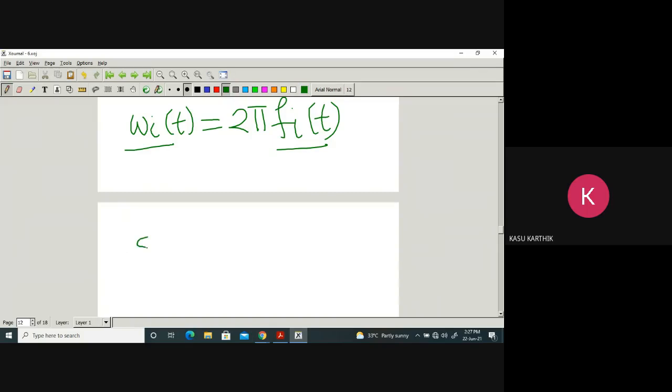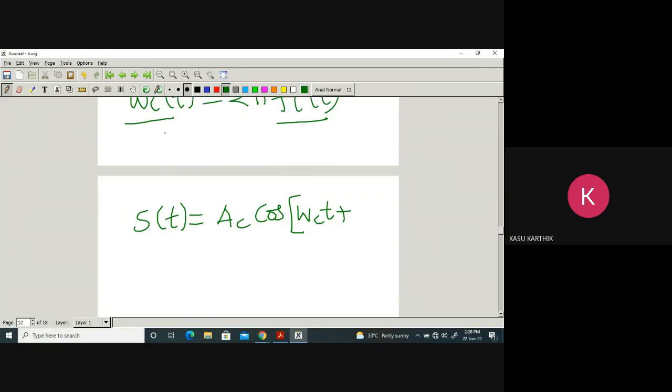What is the phase modulation equation? s of t equals A_c cos of omega_c t plus k_p m of t. This is the equation of phase modulation.